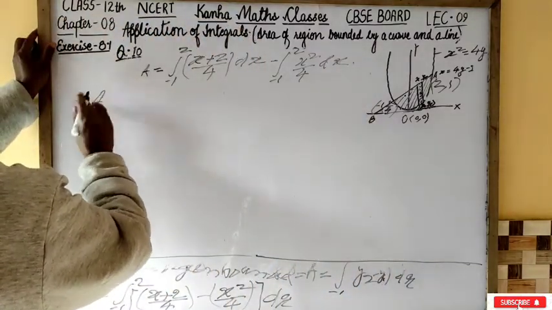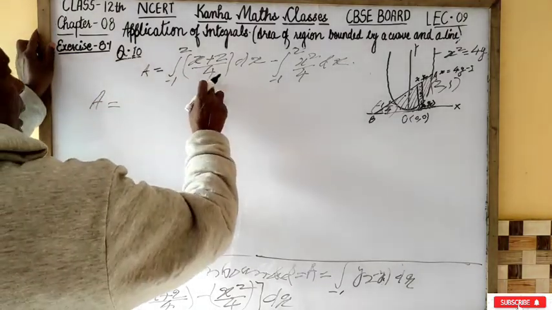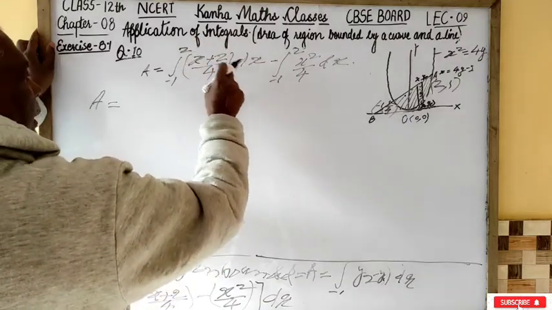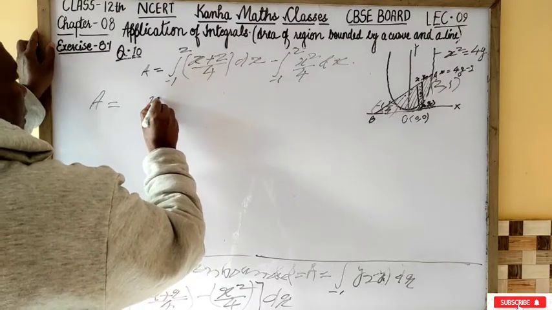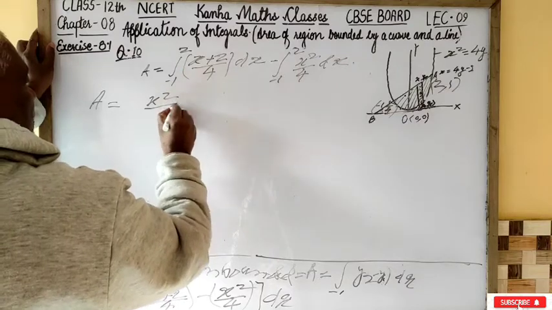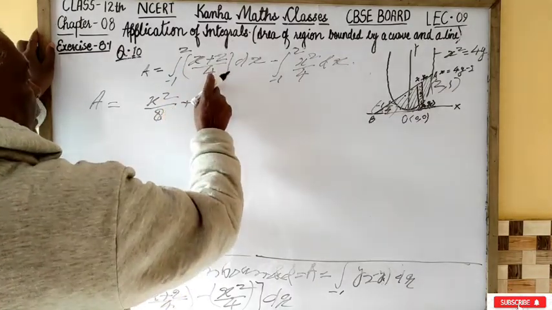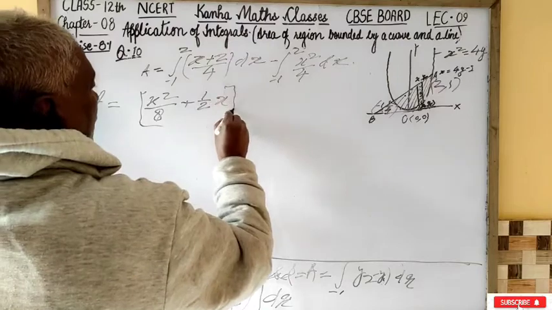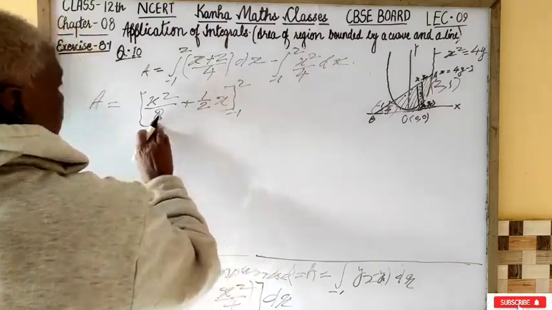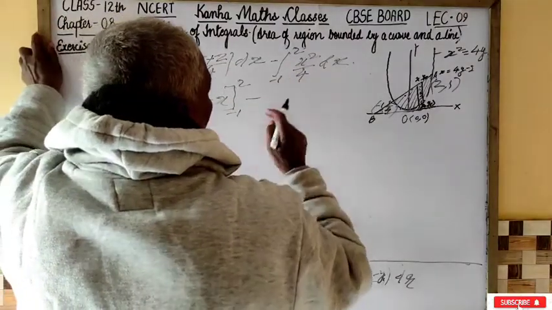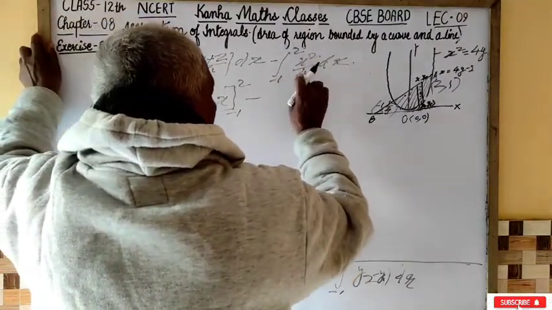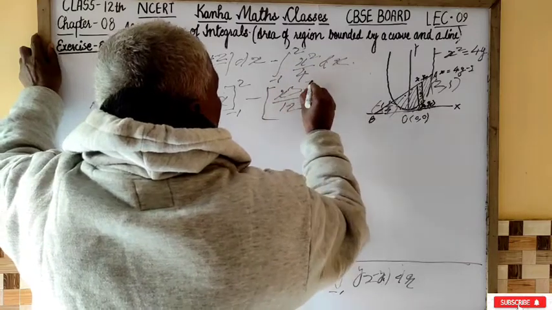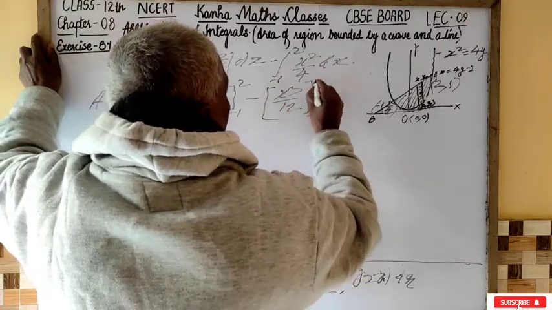Now A is equal to the integral of (x by 4 plus 2 by 4) dx, which will be x square by 8 plus 1 by 2 x, under the limit minus 1 to 2, minus x cube by 12 (x square by 4 integrates to x cube by 3 into 4), with limit minus 1 to 2.